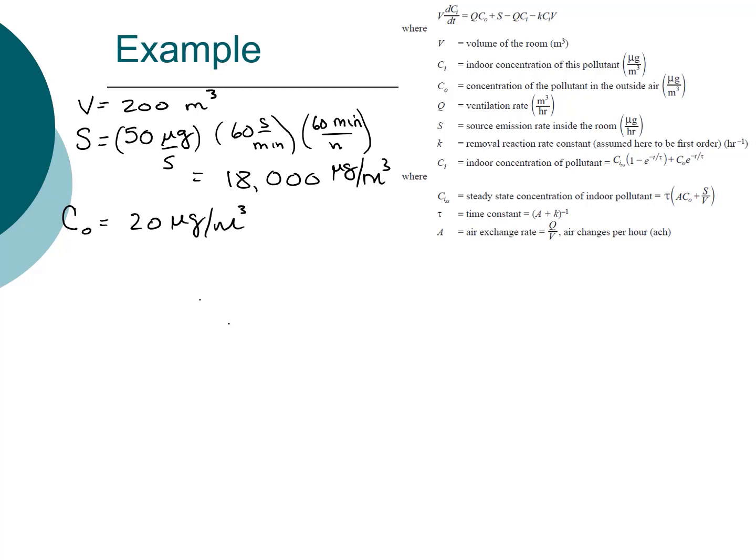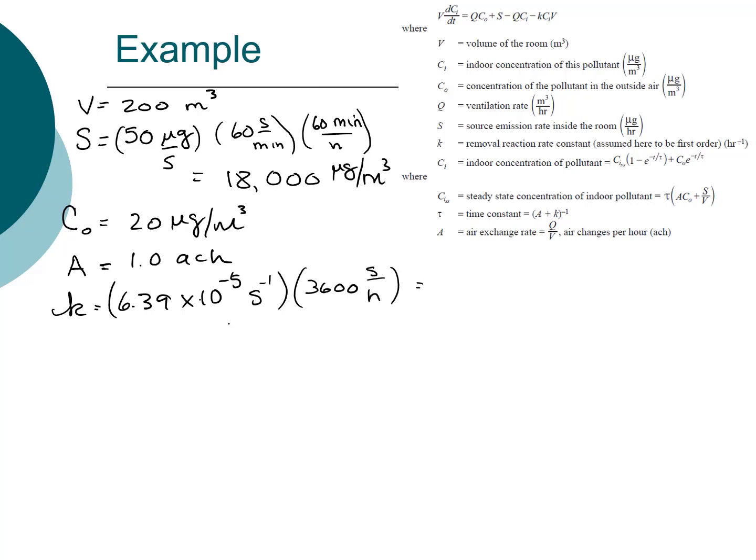and we've said that that is the concentration when the heater is lit. You're told that the air exchange rate is 1 air change per hour. You're given a decay constant in inverse seconds. Again, we want that in inverse hours, so we'll multiply by 3,600 seconds per hour, and that is equal to 0.23 inverse hours.